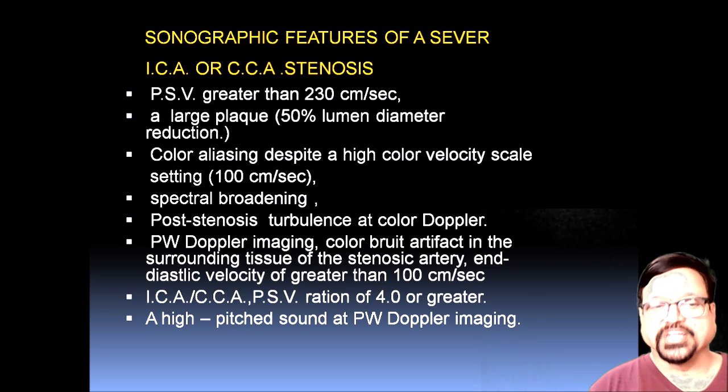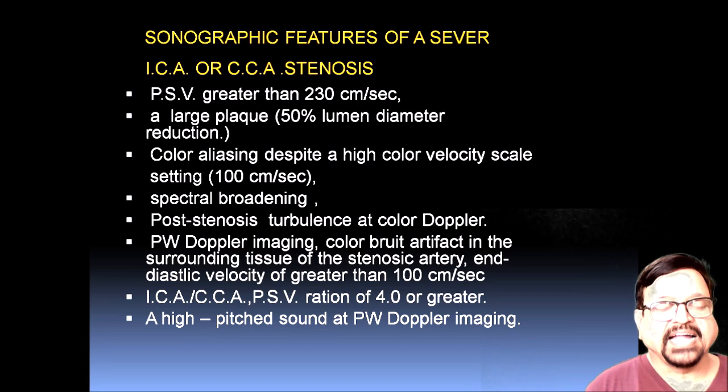Now second is the stenosis, whether it is internal carotid or common carotid. Peak systolic velocity PSV greater than 230 indicates that there is a severe stenosis. A large plaque, 50% lumen diameter reduction, can indicate a severe narrowing and stenosis.